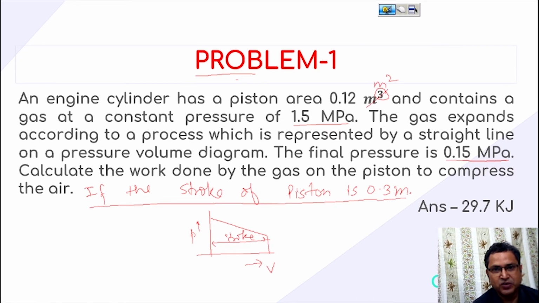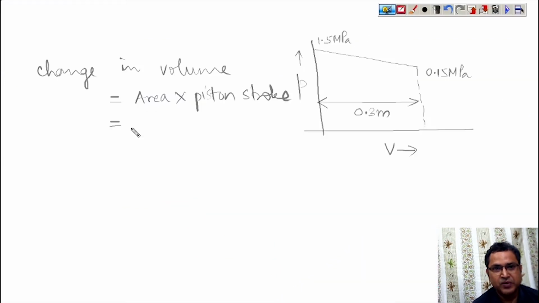Area is 0.12 meter square and piston stroke is 0.3 meter. So 0.12 multiplied by 0.3, this much of meter cube. So this becomes 0.036 meter cube. This is the total change in volume.